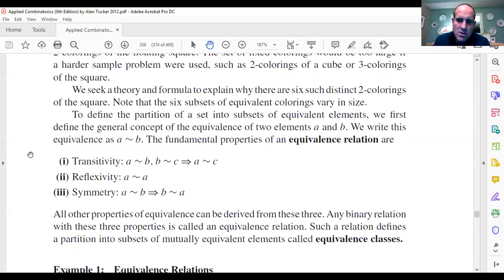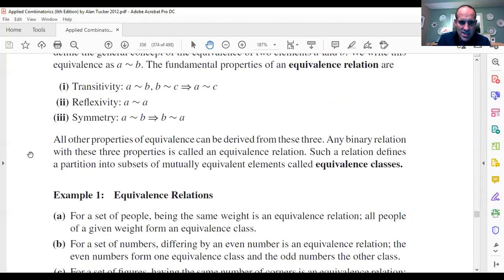And in particular, the concept that we're talking about when we say colorings that are equivalent, those are the so-called equivalence classes. Okay, the kind of blocks of elements in the set of colorings that are all equivalent to one another. We called those equivalence classes when we talked about equivalence relations generically.